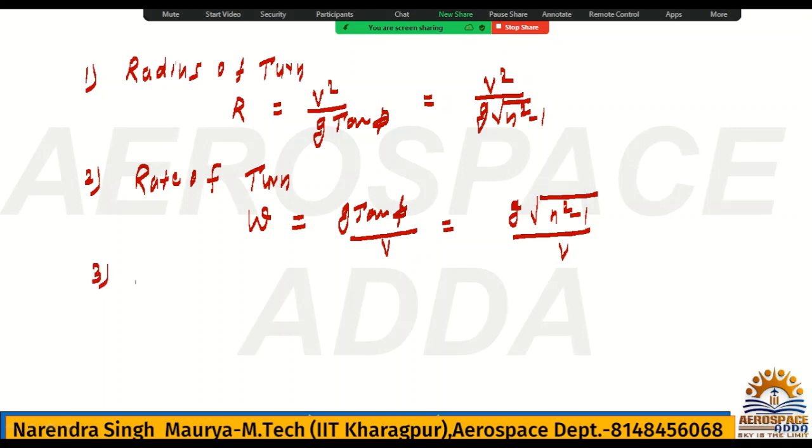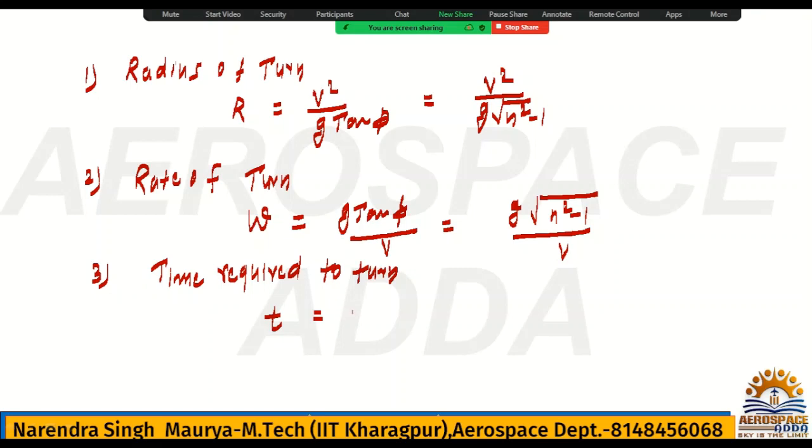Then third, we had seen the time required to turn. What is the time required to turn? It is nothing but small t.